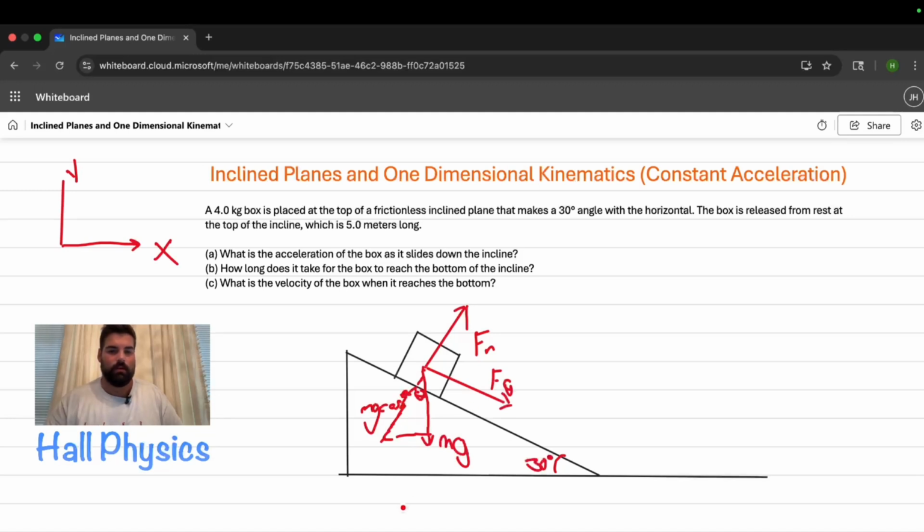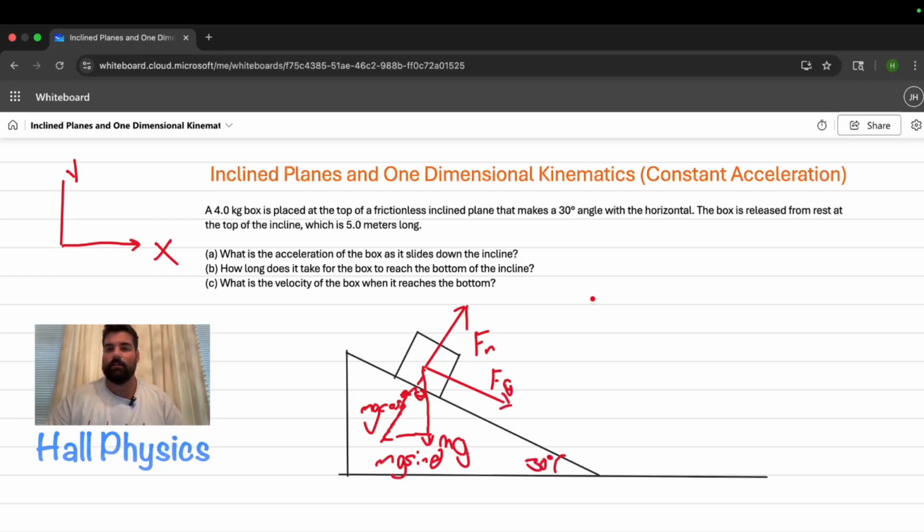And this component right here would be mg sine theta. Okay. So we need to find our normal force and we need to find our gravitational force. In order to do that, though, we need to establish what mg is.